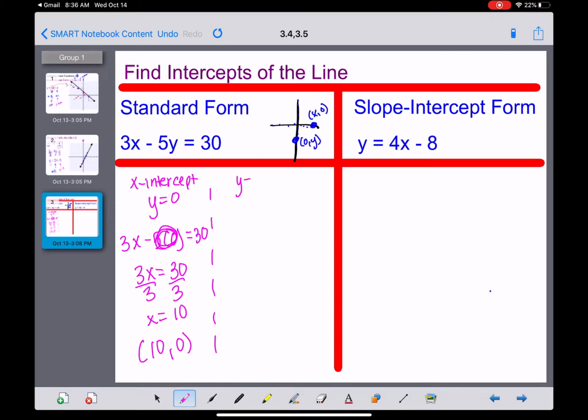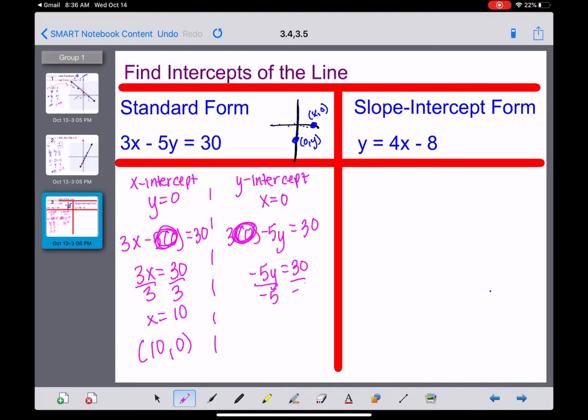When I solve for my y-intercept, my x value is 0. So I'm going to substitute 0 in for x this time. 3 times 0 is 0. So I'm left with negative 5y is equal to 30.